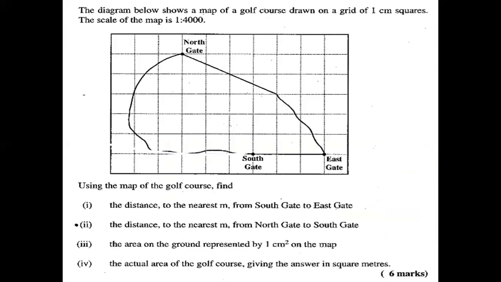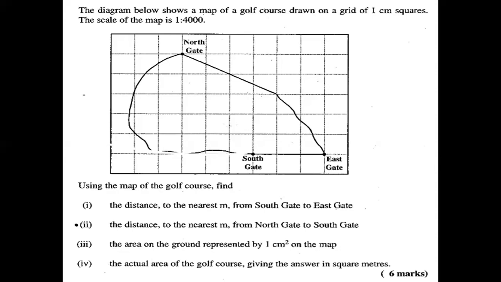Now, this is map reading, and it surrounds the idea of scaling, right? Now, it's not difficult. Let's look at it in steps using the map. It's always important to read the information above at the beginning of each question, right? The map of a golf course is drawn on a grid of 1 centimeter squares.